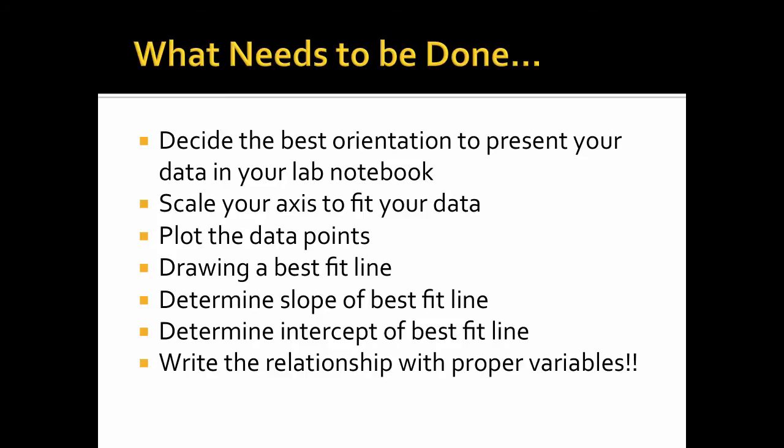We want to use a graph that uses all the space and is as accurate as possible. We want to plot the data points. That's the simple part. Then we're going to draw the best fit line, which is often a question that students have: how do I do that? Determine the slope of that line, determine the intercept, and then finally write that relationship down using the variables that match our measured quantities, not x's and y's.